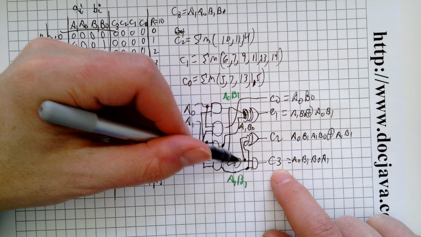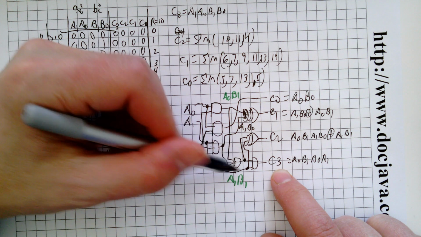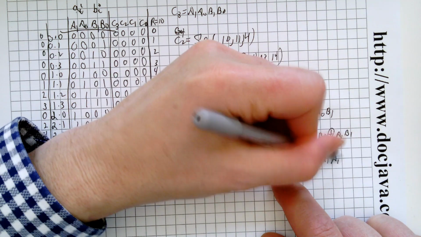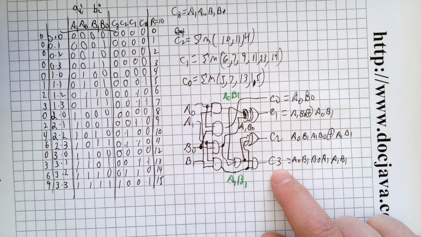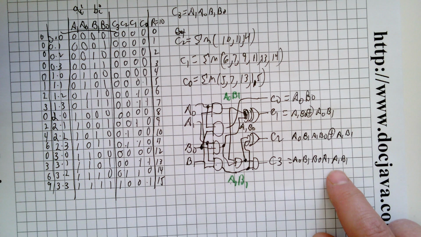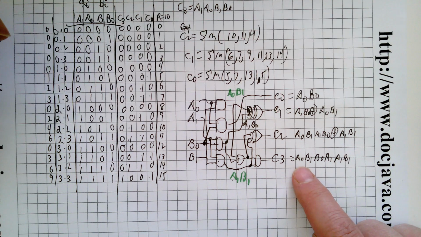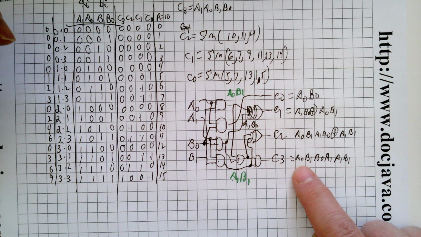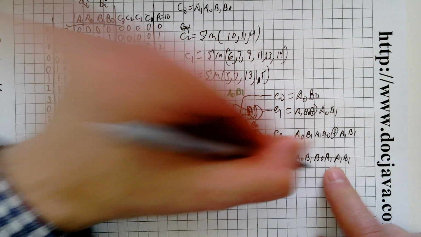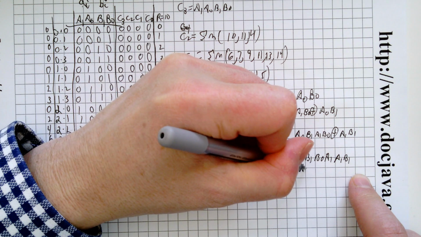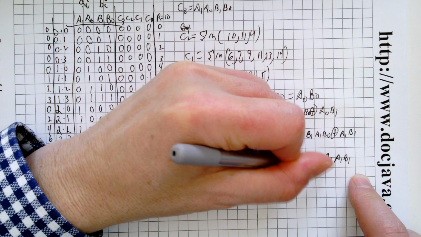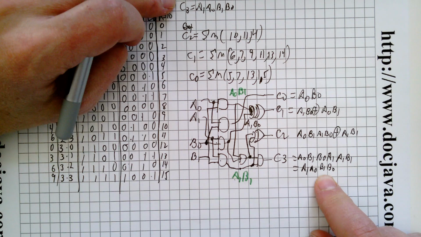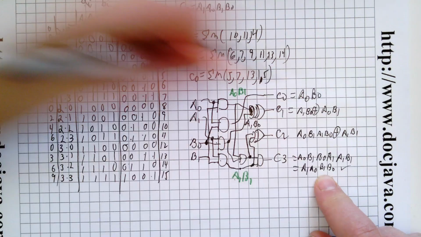And then that's going to all be ANDed with whatever this is, which is A1, B1. So A1, A1 is A1. So this is going to be A1, A0, B1, B0. And that's C3, which matches what we had from over here. So our C3 is correct.